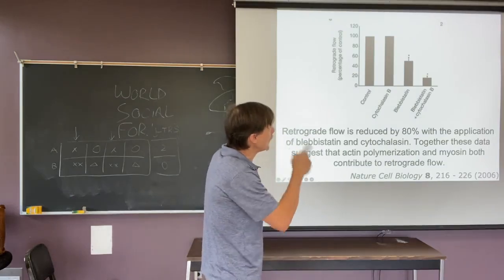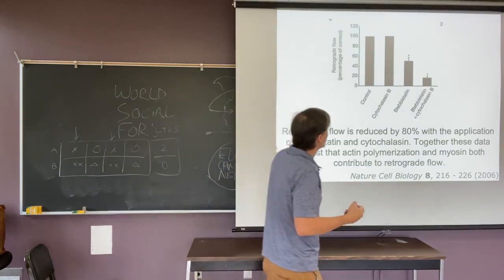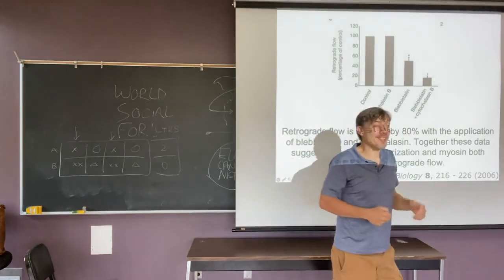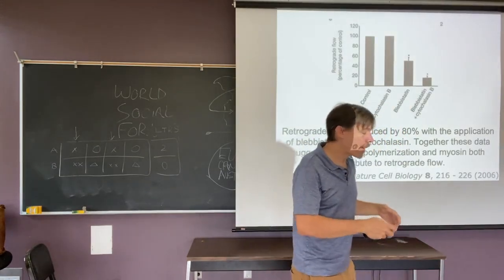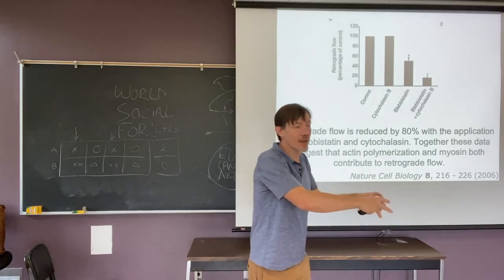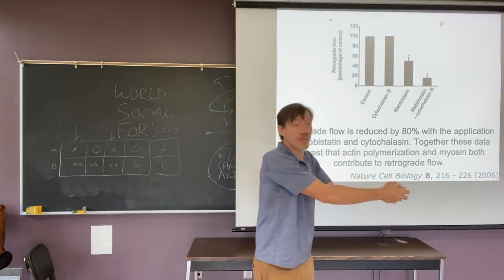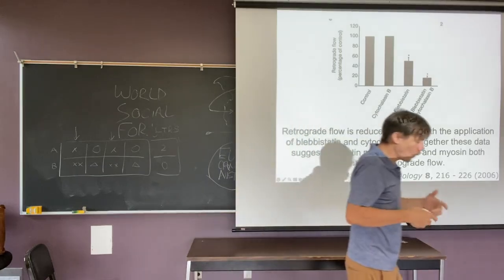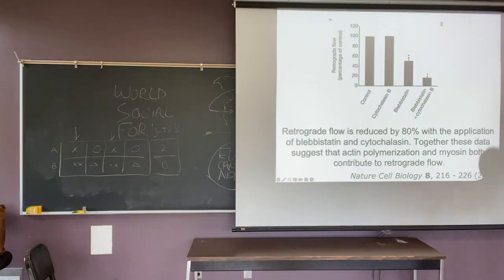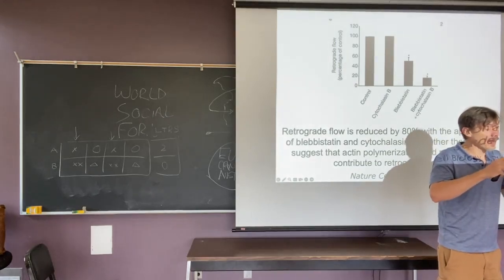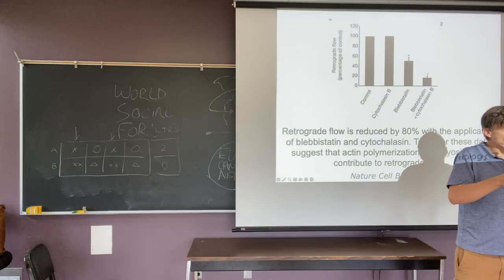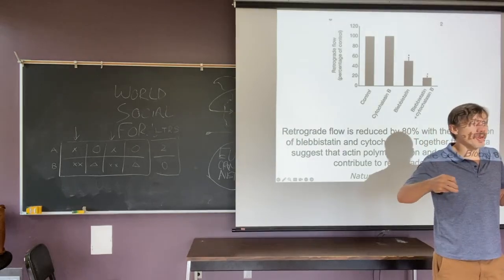The thing that's interesting is that if you inhibit with blebbistatin, there's less active myosin pulling these actin filaments back. And what happens next is that there's going to be an increase in the force resulting from actin polymerization that drives retrograde flow.